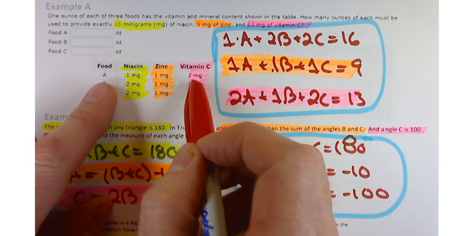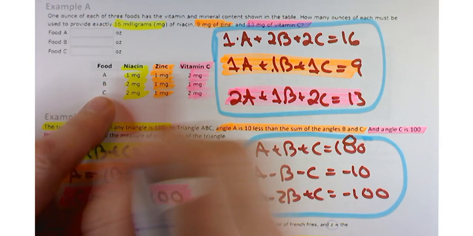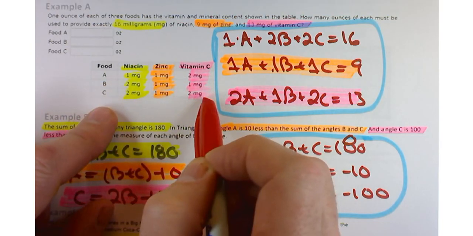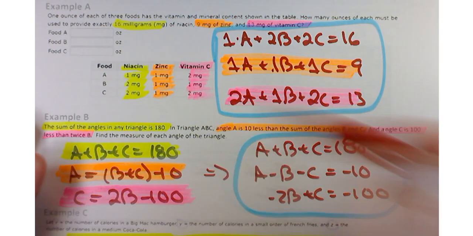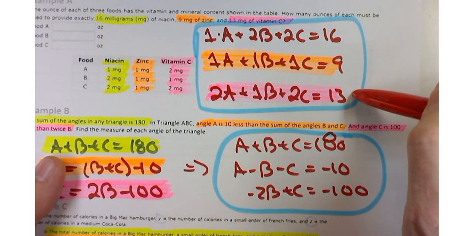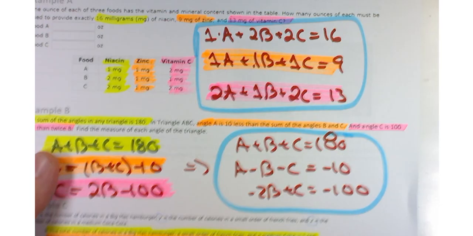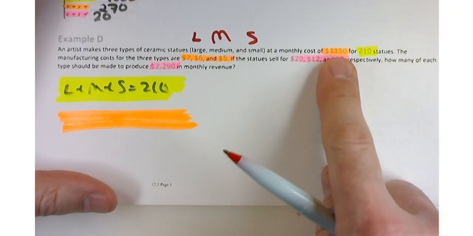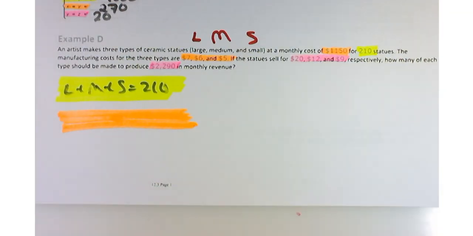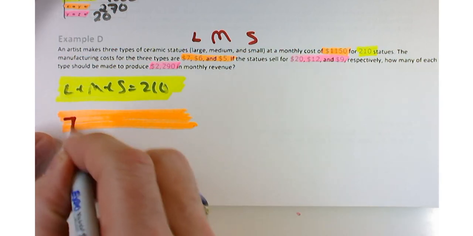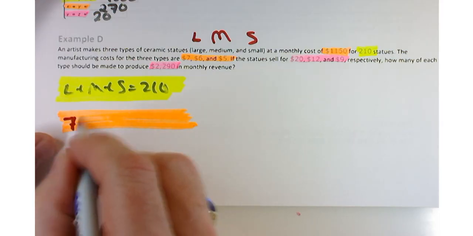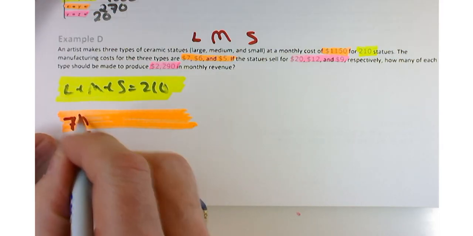It was 2 milligrams from food A, 2A plus 1B plus 2C. You had to multiply, and then we added all those up, and that gave you 13 milligrams of vitamin C. We're going to do something similar to figure out what our monthly cost is. What are the things that contribute to our monthly cost? How much does it take to make a large statue here? $7. So what should I write here? 7L. Yeah, 7L, thank you.